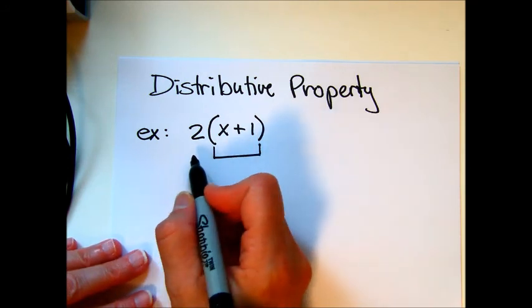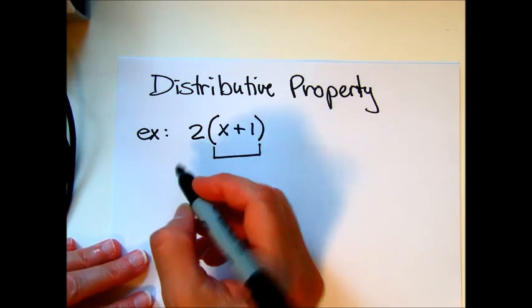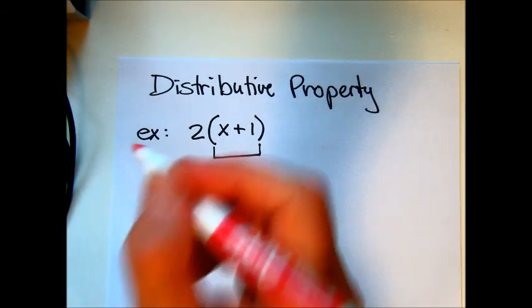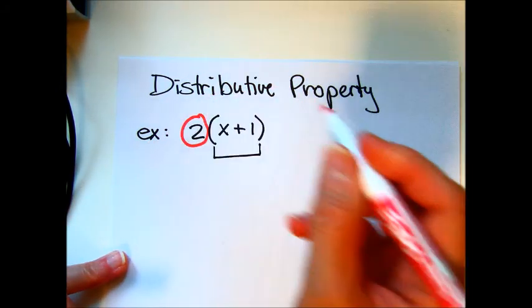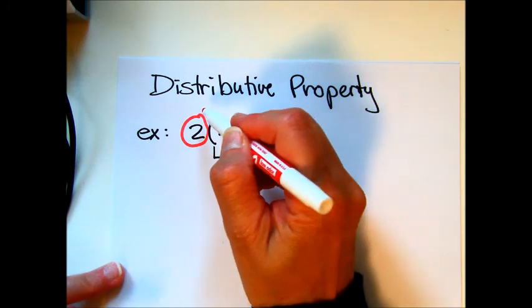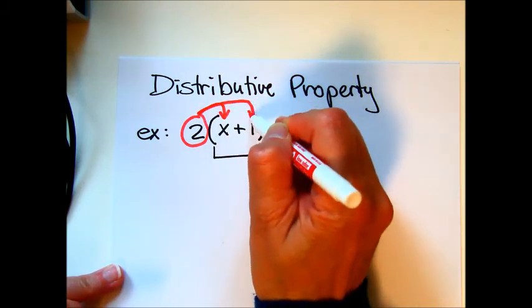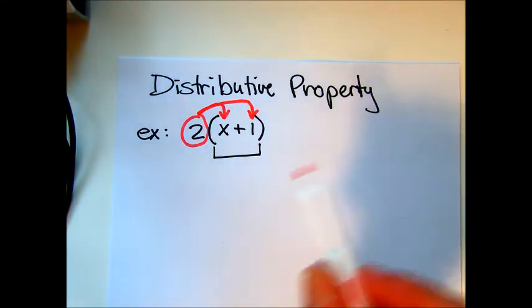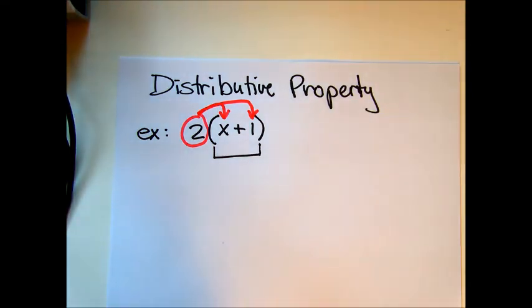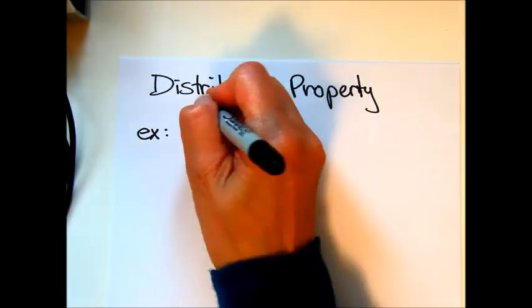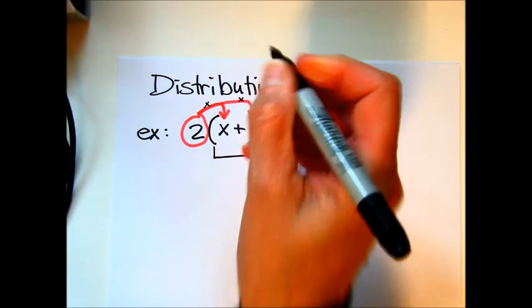Now, distributive property allows us to take this 2, which is a factor, and it allows us to multiply it or distribute it to each term within the quantity. Okay, so we're taking that 2 and we're going to multiply it to each term.